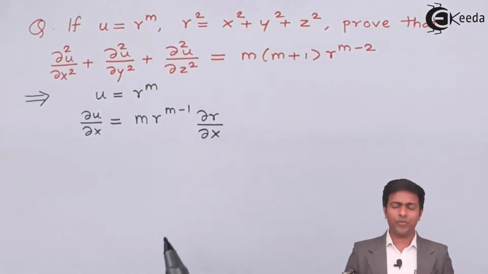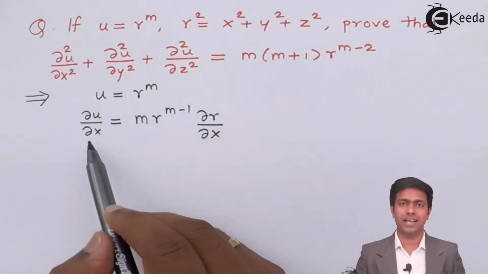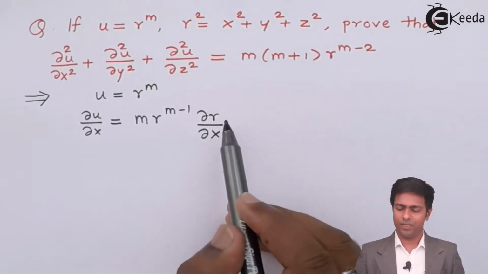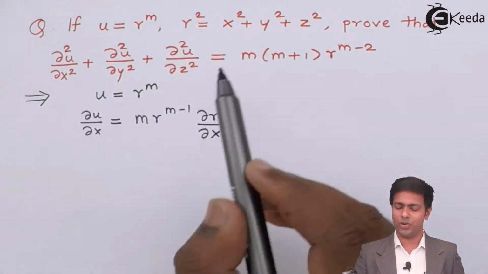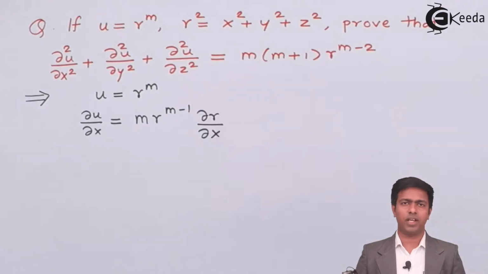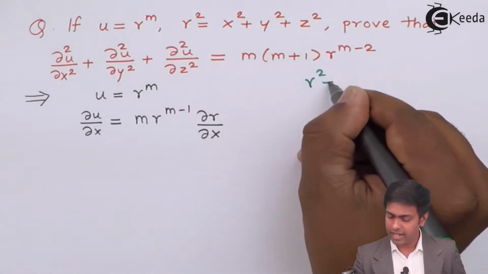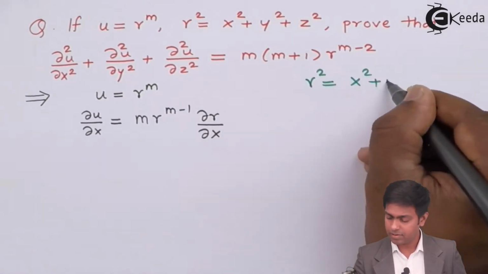Now guys, we need to find out the value of del r by del x, then only we'll get the value of del u by del x. And for that, here we also have the value of r. So r square is given as x square plus y square plus z square. So from here I can get the value of del r by del x.